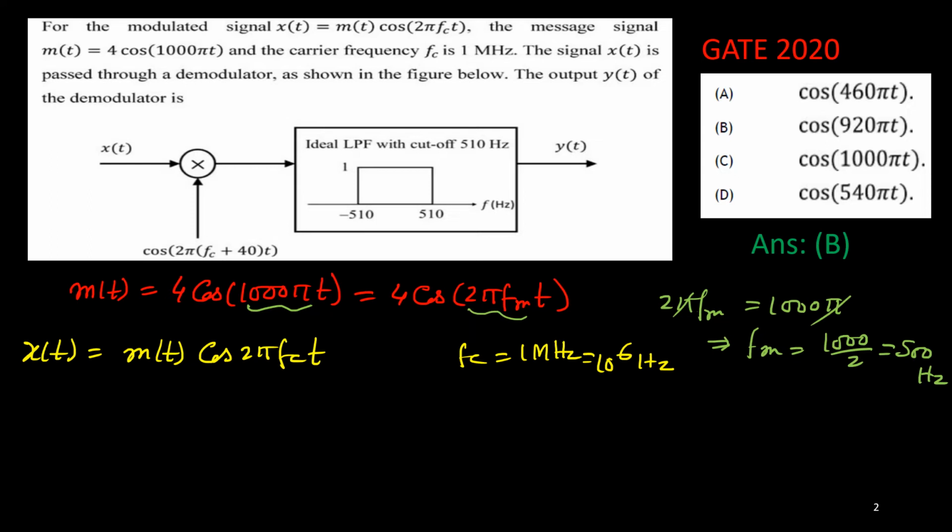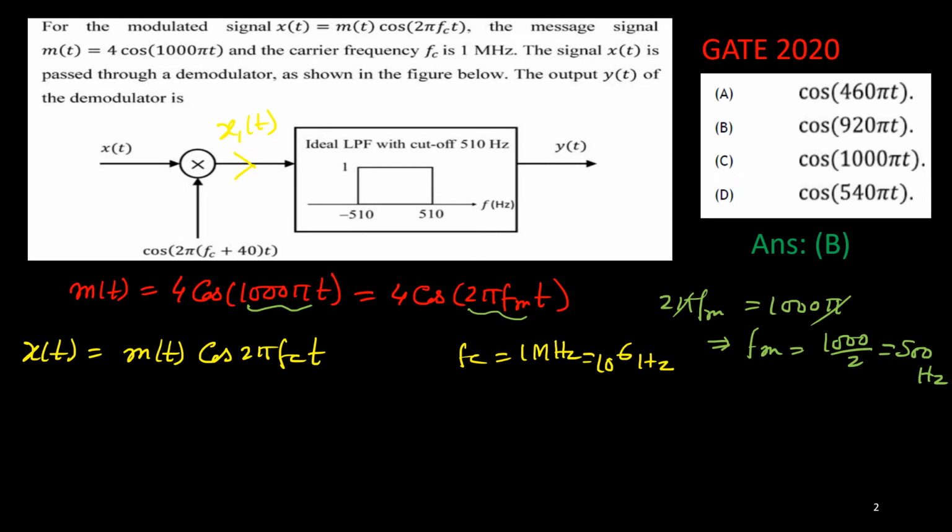Now if I replace mt, and multiply again with this one, at this end you will get x1t after multiplication. So what is your x1t?